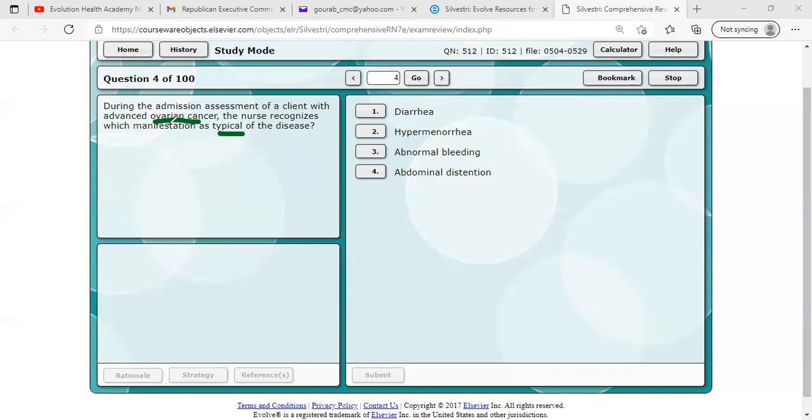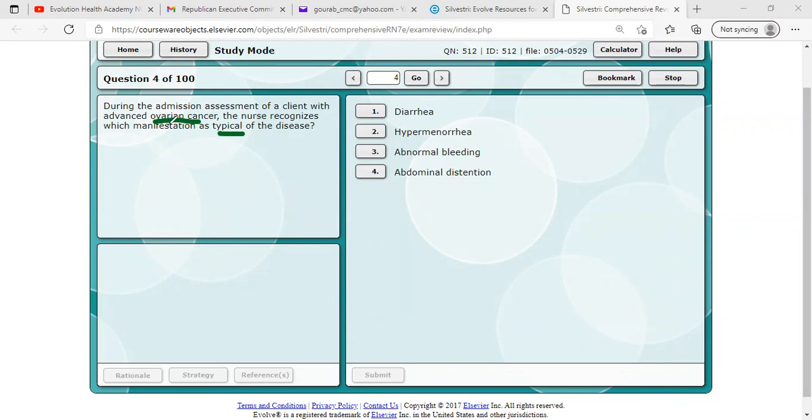So if a patient has ovarian cancer, what are the most common signs and symptoms, or what does the patient complain of? Here, diarrhea is not related to ovarian cancer, and also abdominal distension is the most common sign related to ovarian cancer.